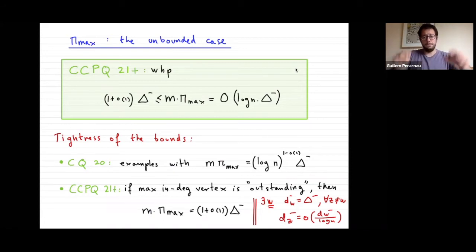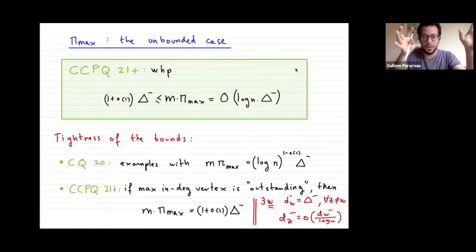Okay, so just summarizing a bit, we have this upper and lower bound for the pi max. Both are tight. And I'll try to explain a bit how you get the proof. The proofs for the lower and the upper bound are quite different. The proof of the lower bound relies more on the previous papers that existed on the topic and on the machinery that Bordenave, Caputo, and Salez developed to study the mixing time in this model.